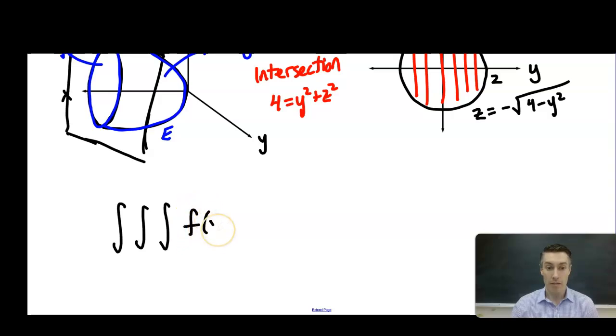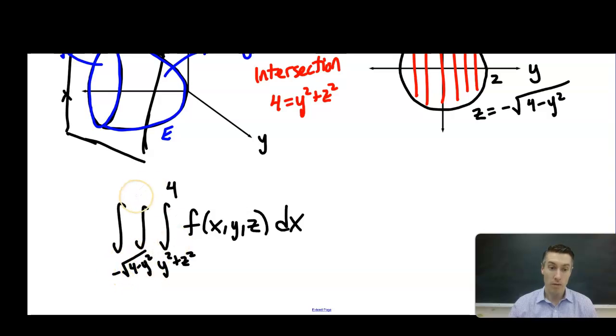So we have f of x, y, z dx. On the bottom of this region, which is hard to think about as bottom, but the closer to the YZ plane would be the paraboloid, so y squared plus z squared. And then further away, the top of the region would be 4. Then we're going from negative square root of 4 minus y squared to positive square root of 4 minus y squared.